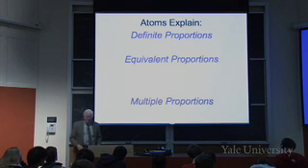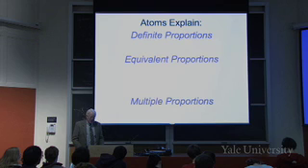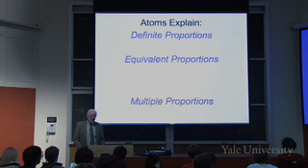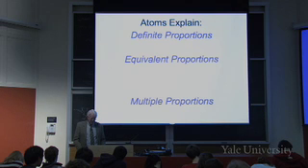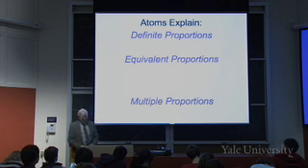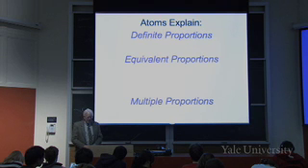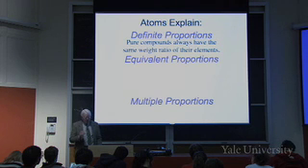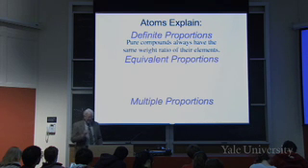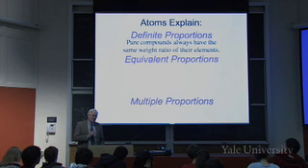But Dalton developed three principles in terms of these atoms that he had started using for this purpose of something about the atmosphere. These principles have come to be known as definite proportions, equivalent proportions, and multiple proportions. Definite proportions is that pure compounds always have the same weight ratio of their elements.